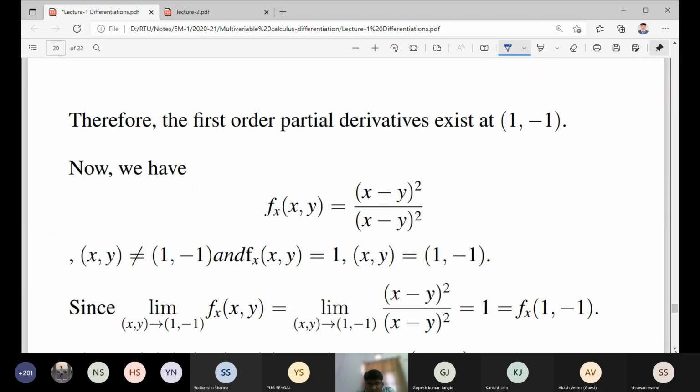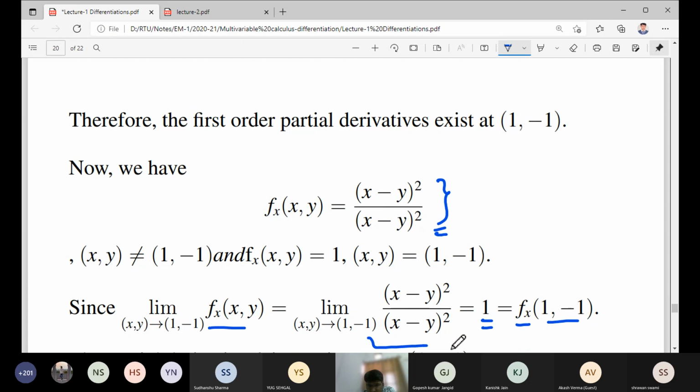right? Now next we find the limit as (x, y) approaches (1, minus 1) of fx. It means we need to find the limit of this one at the point (1, minus 1). And if you remember how we find the limit of a given multivariable function, with the application of the previous lectures, the limit of this function fx at the point (1, minus 1) is 1, which equals the value of the function fx at the point (1, minus 1).